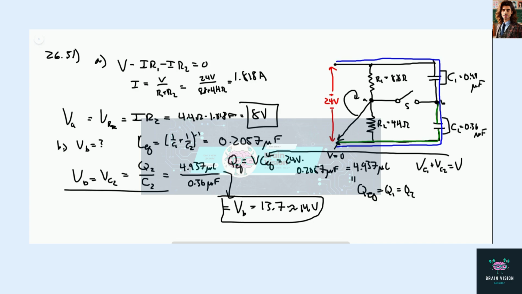Awesome. So let's move on to part C now. Part C says, when the switch is closed, what is the final potential of point B? After equilibrium has been reached, there is no current flowing through the capacitors. So the resistors are again in series, and the voltage at point A must be 8 volts.